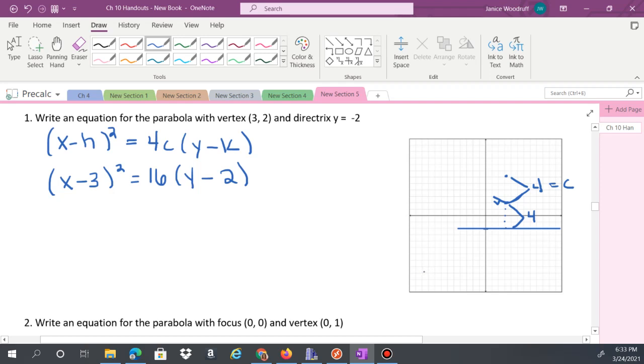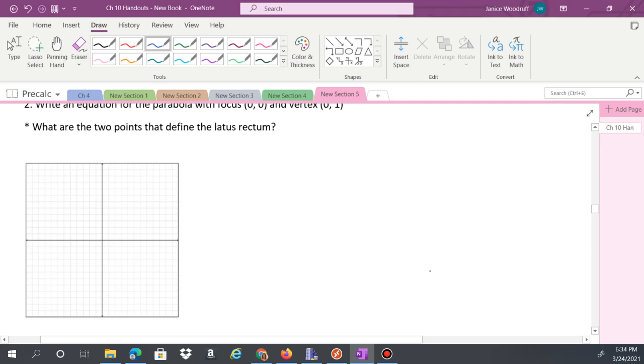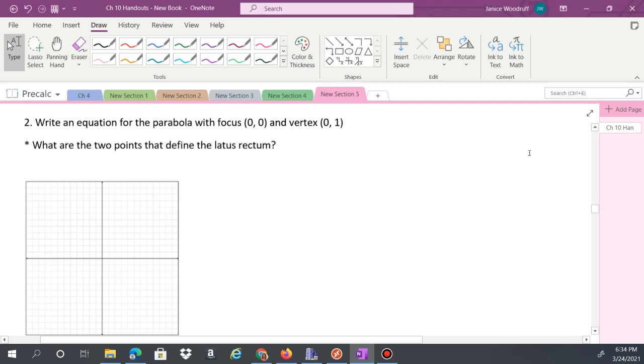Let's look at the next one. So write an equation with a focus of 0, 0 and a vertex of 0, 1, and then what is the latus rectum? Okay, so you have a focus of 0, 0. And a vertex of 0, 1. And if we're always going to open towards the focus, I'm opening which way? So is this x squared or y squared? x squared.